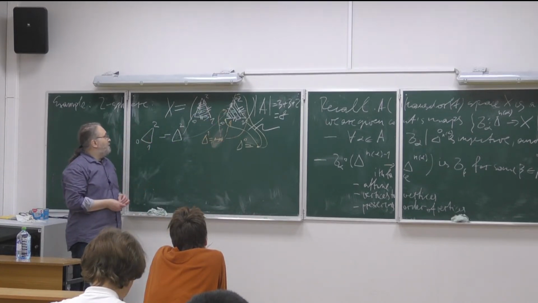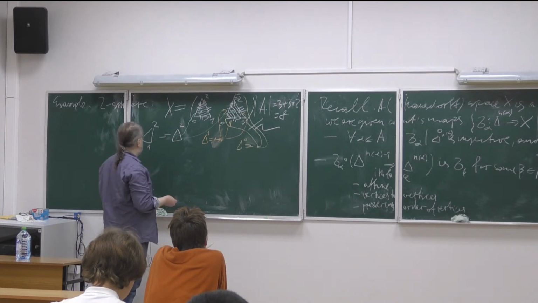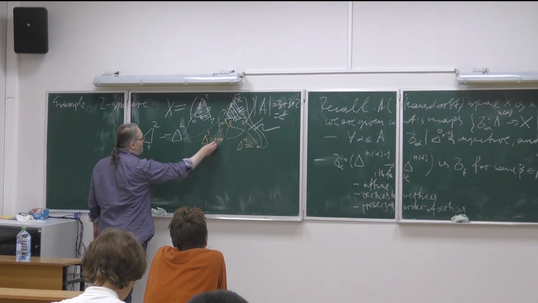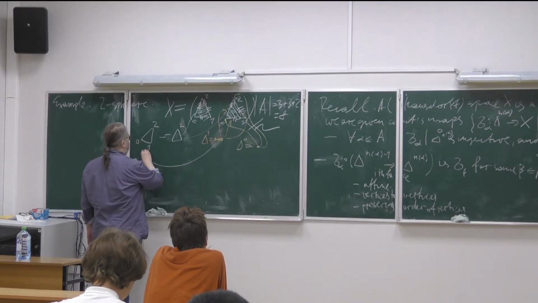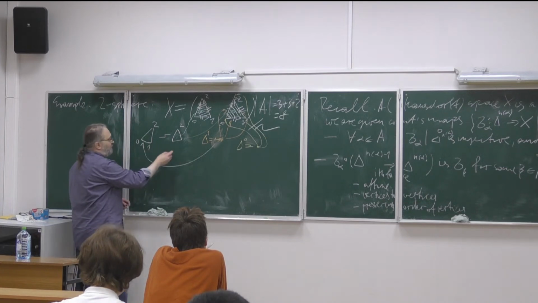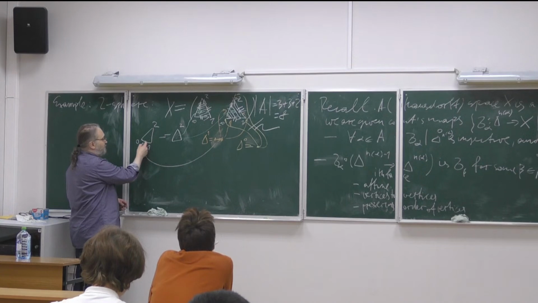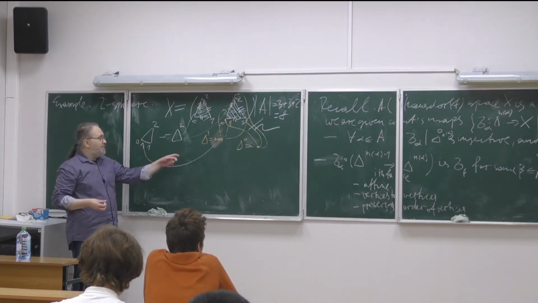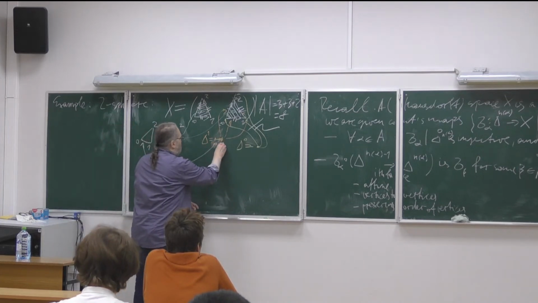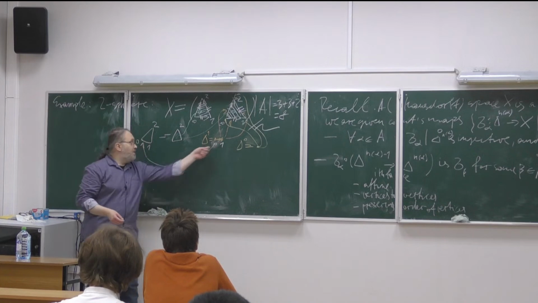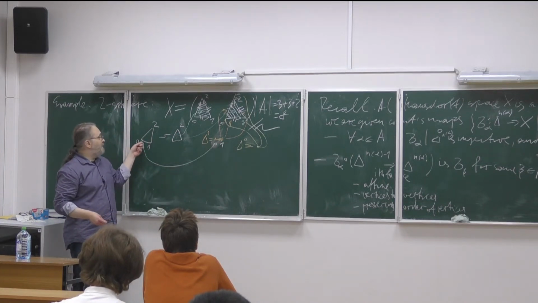Okay, let me now take delta 1 and map it into this face 0, 1, so that here we also have 0 and 1, and we require that 0 goes to 0, 1 goes to 1.